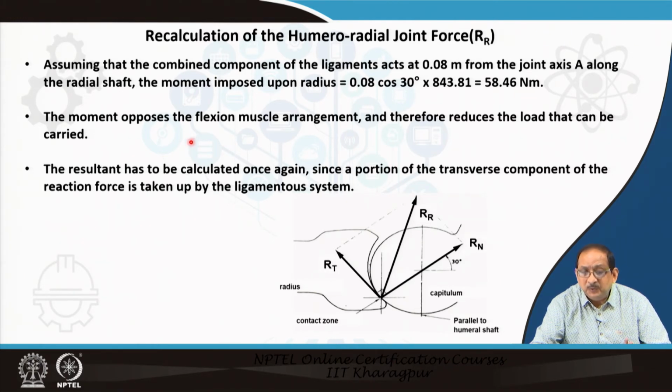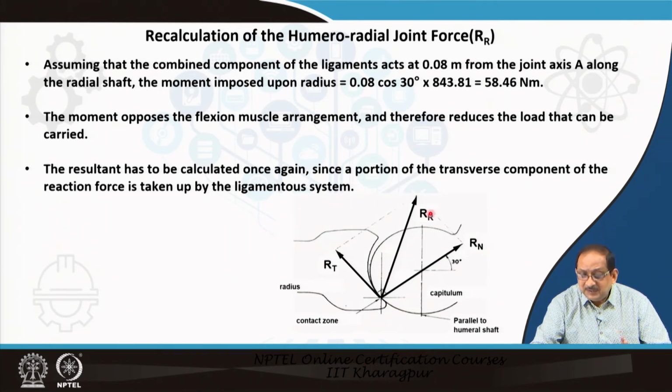The moment opposes the flexion muscle arrangement and therefore reduces the load that can be carried. The resultant has to be calculated once again, since a portion of the transverse component of the reaction force is taken up by the ligamentous system.